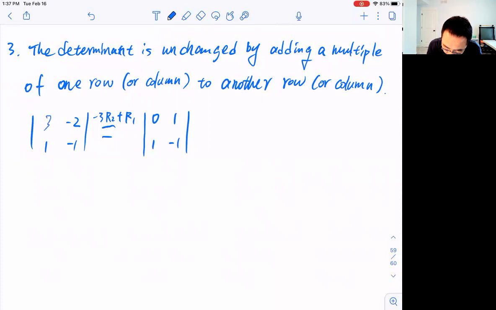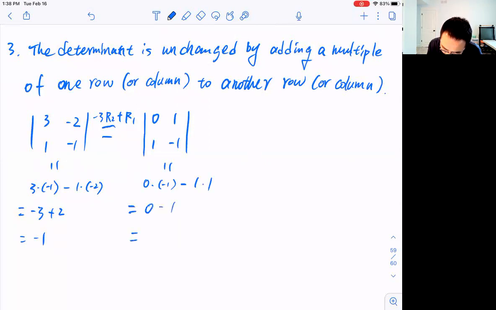But anyway, you're adding the multiple of row 2 to row 1, and these two determinants are going to be exactly the same, right? Because this equals 3 times -1 minus 1 times -2, which is -3 plus 2, which is -1. Here, this equals 0 times -1 minus 1 times 1, which is 0 minus 1, which is -1.